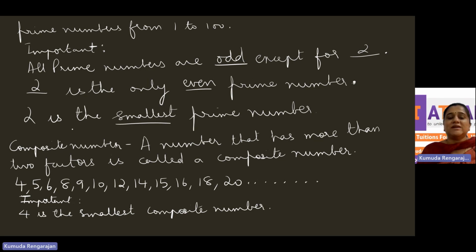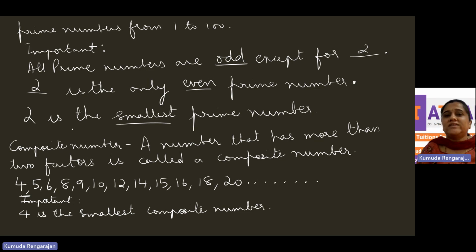The terms prime and composite are applicable only for natural numbers, not even negative numbers, only for natural numbers. So 1 is neither a prime number nor a composite number, because if it were a prime number, it should have exactly 2 factors. 1 has only 1 factor, that is 1 itself.